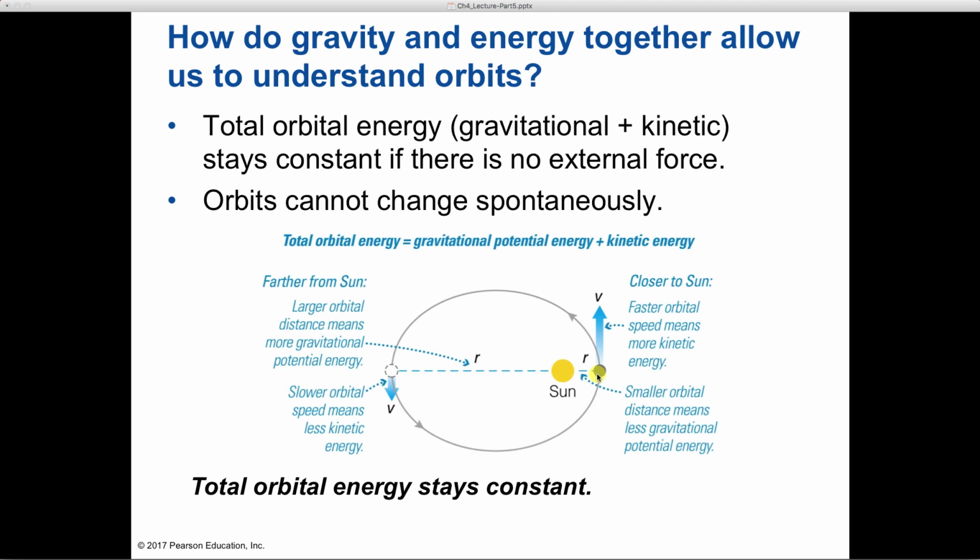So if the planet has an orbit that takes it from a really close distance to a further away distance, as it moves further away, the potential energy gets bigger, and therefore the kinetic energy must get smaller. So when the planet ultimately gets to its farthest position, the kinetic energy must be the smallest.